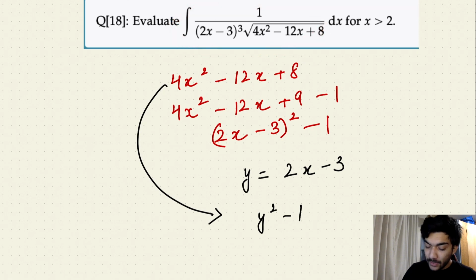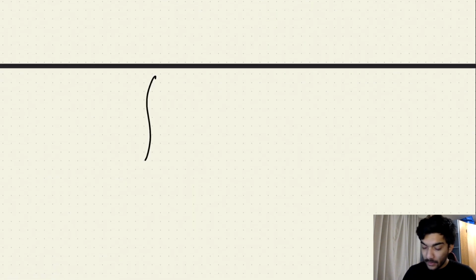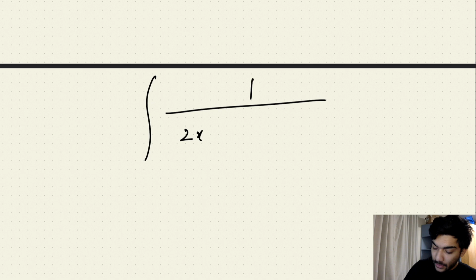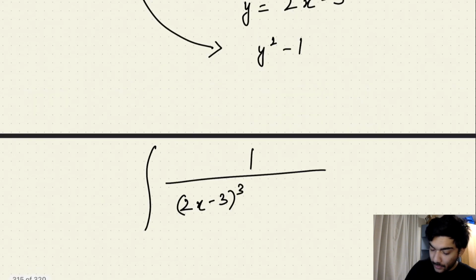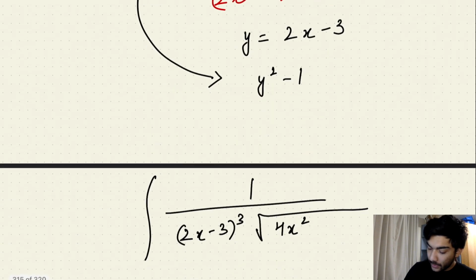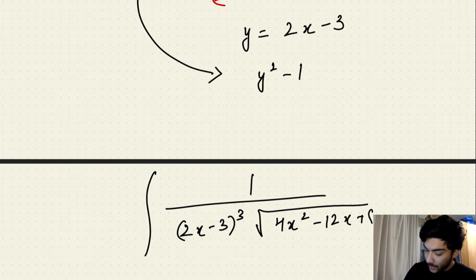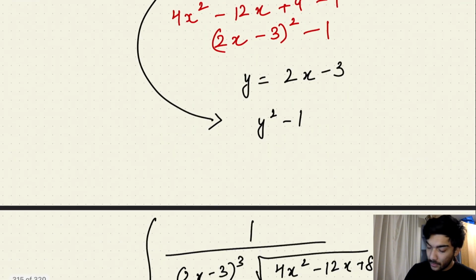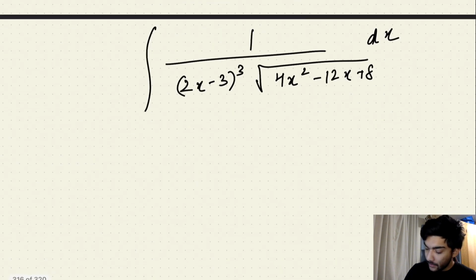So now let's write this integral again and see how we can convert it into a simpler form. Our integral is basically 1 upon (2x minus 3) whole cube, and then you have square root of 4x square minus 12x plus 8, and then a dx, right?